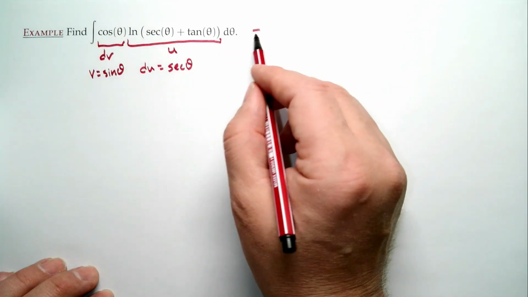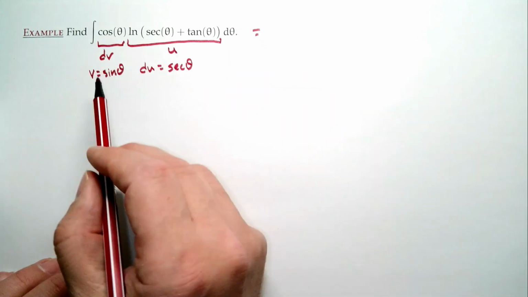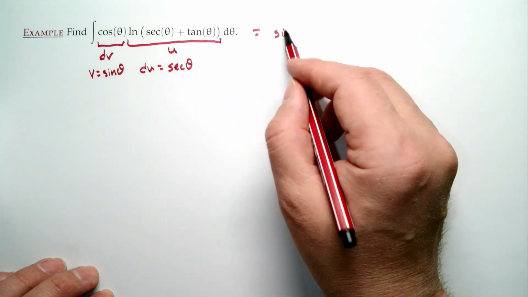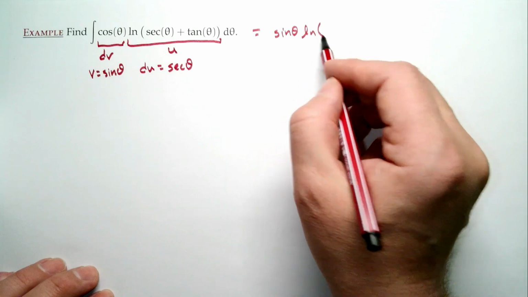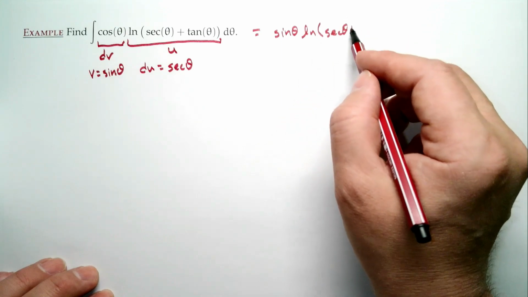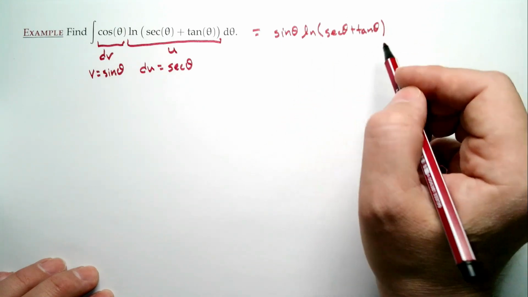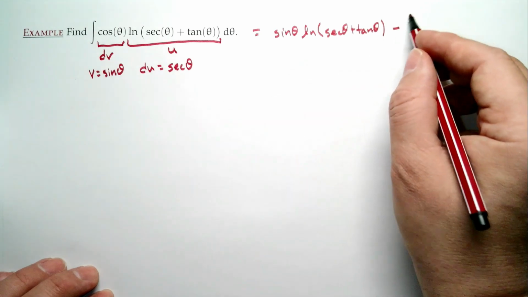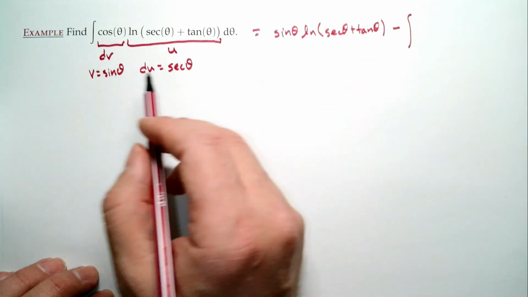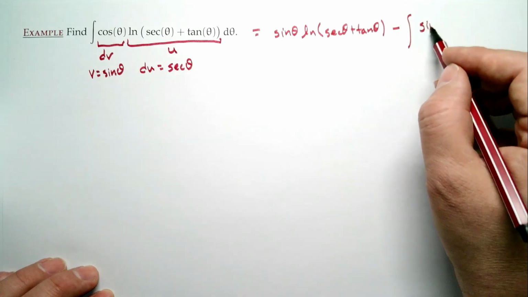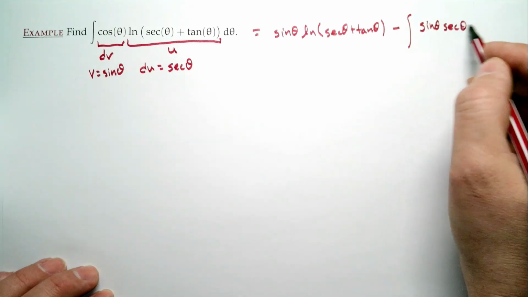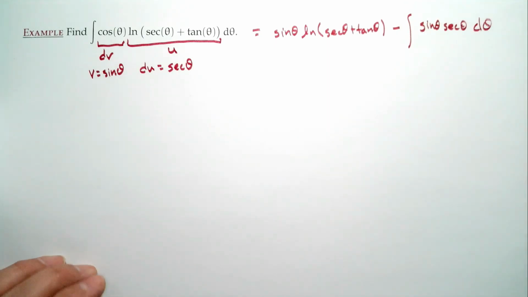So we're going to have u times v: sine theta log of secant theta plus tangent theta, minus the integral of v du, which is sine theta secant theta d theta.